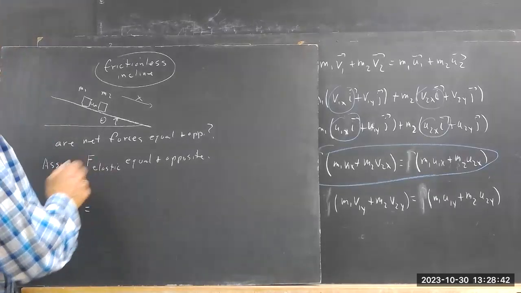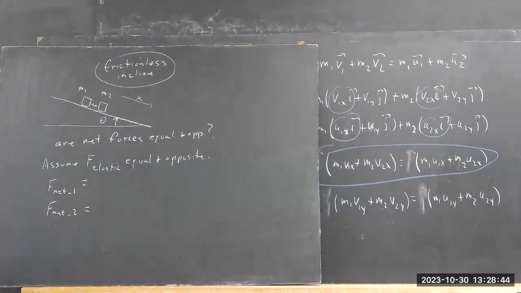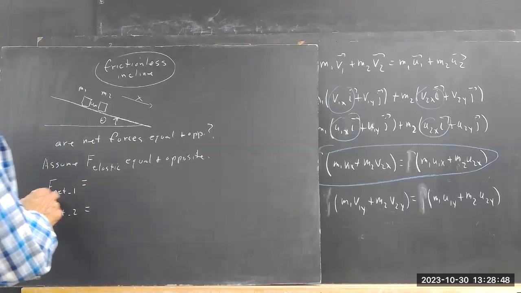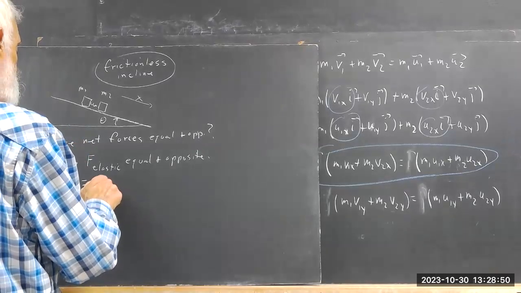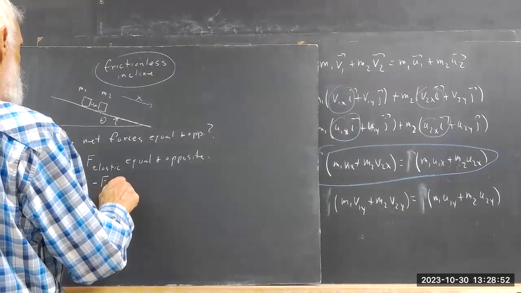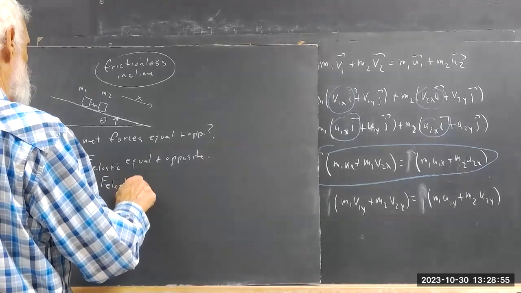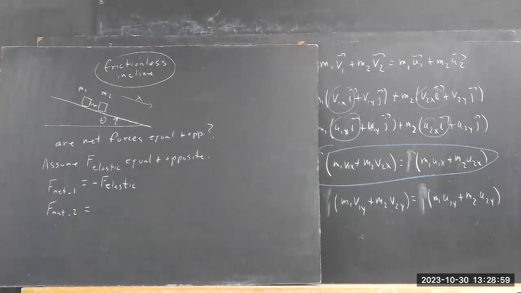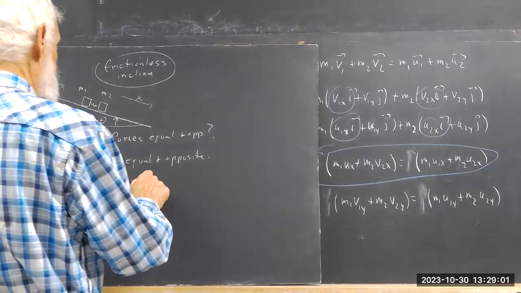Assuming that F elastic is positive, because I don't have an arrow over it, the F net 1 would then be negative F elastic.